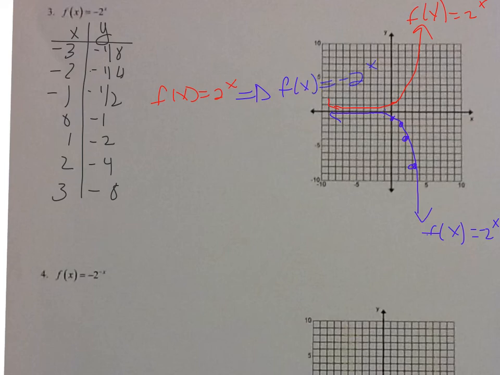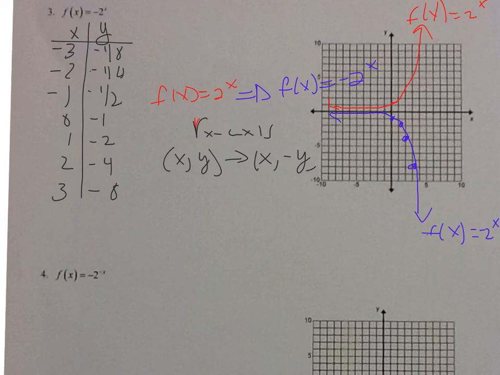And notice that it is a reflection over the x-axis. So remember the rule for a reflection over the x-axis: (x, y) becomes (x, -y), and that makes sense because look where my negative is. My negative is on the bottom with my base, right?